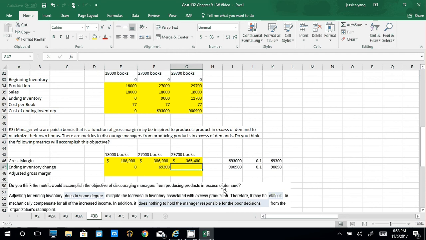So that gives me for any inventory changes 90,090.